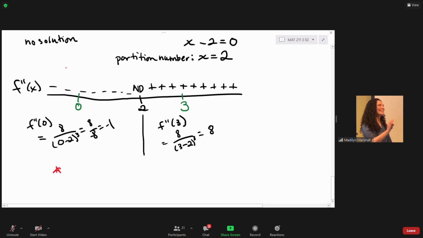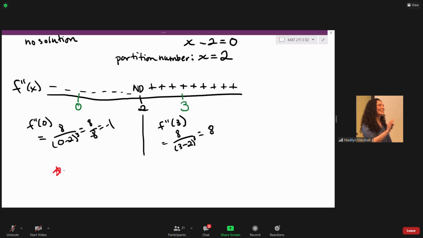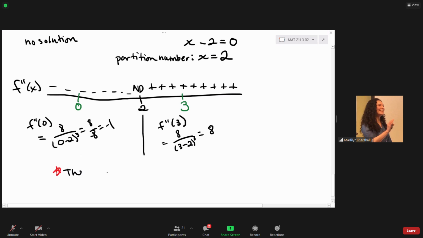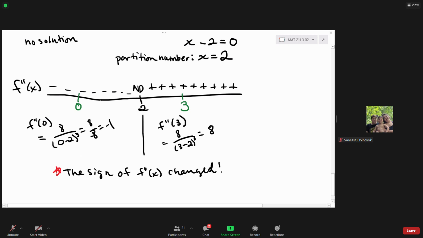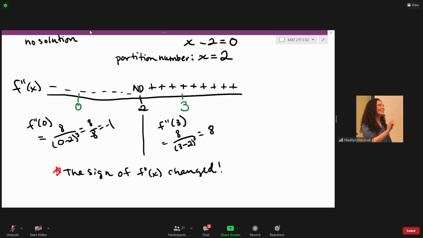So the sign did change, which is one thing that we're looking for when we're looking for inflection points. But is there an inflection point at x equals 2? No. Why not?